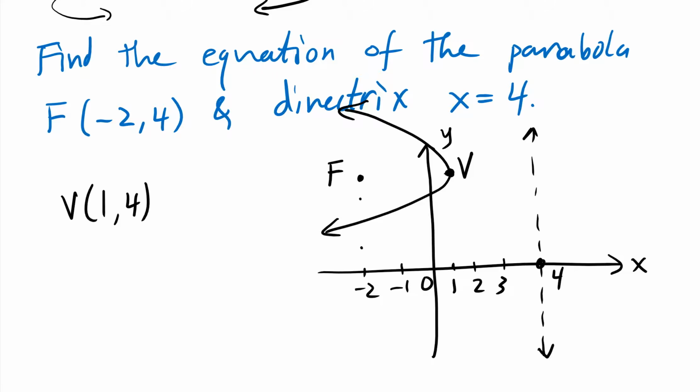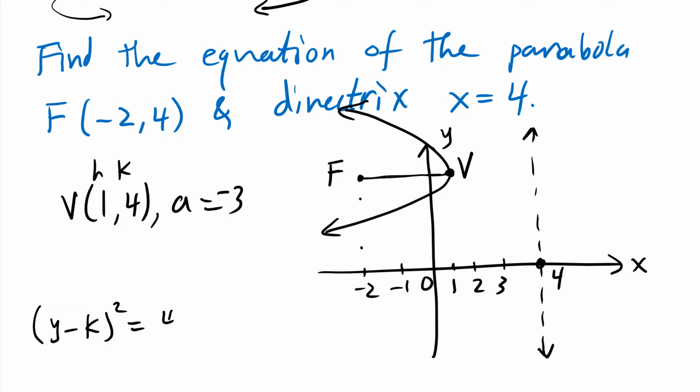1 comma 4. So this is h and k, and we need a, the distance a. A is the distance from here to here. What is that? 1, 2, 3. A is 3. And keep in mind it's opening to the left, so it has to be negative. So when we substitute the values in, the formula would be y minus k squared is 4a times x minus h.